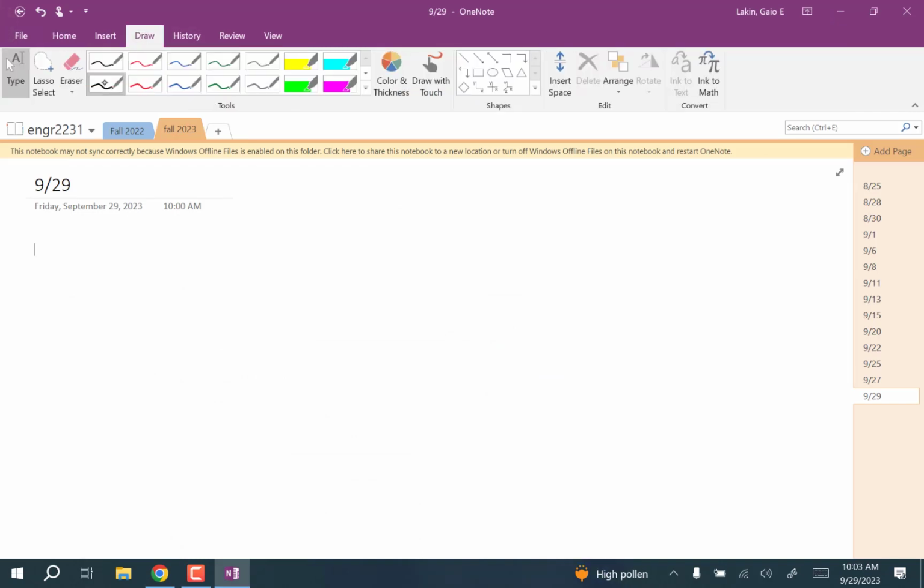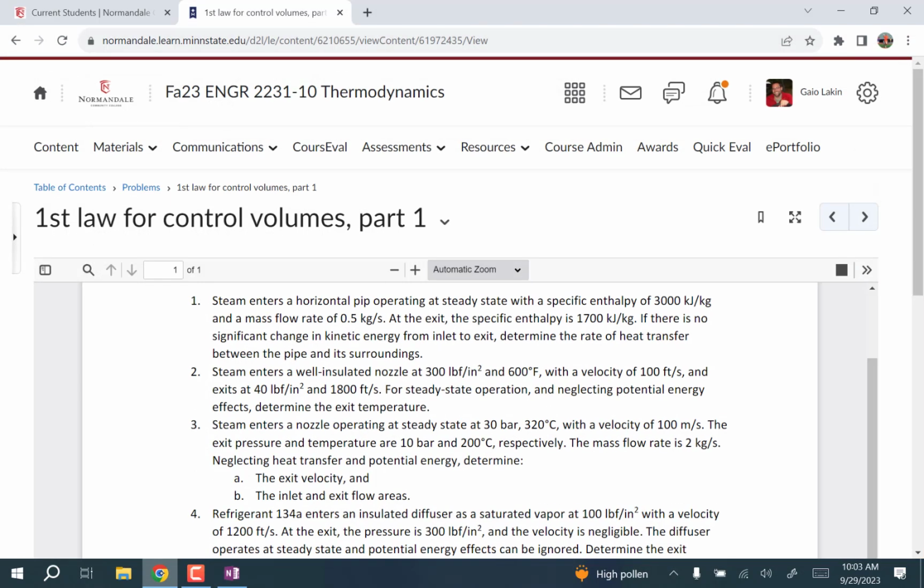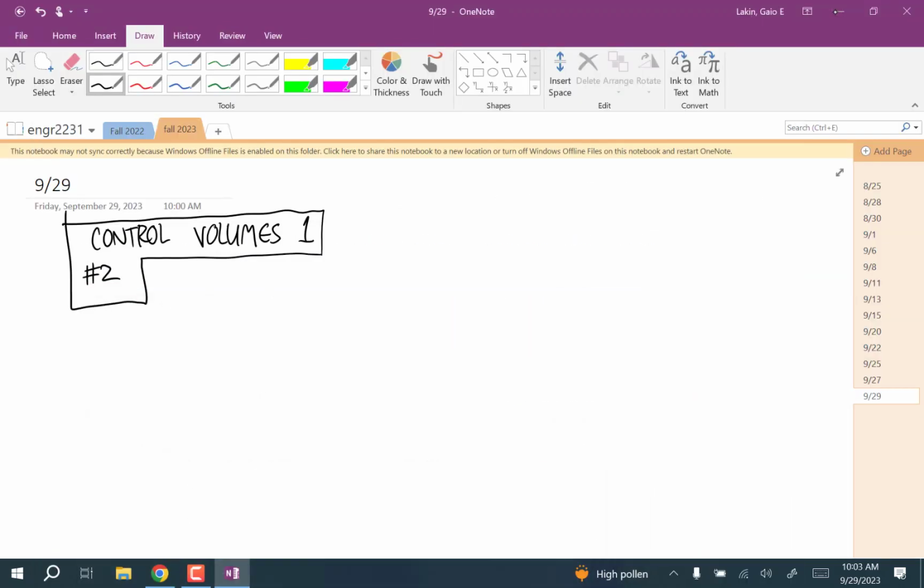So this is control volumes, number 2. And it's a nozzle, which means that intuitively what we're doing is kind of exchanging a difference in enthalpies for a difference in speeds.